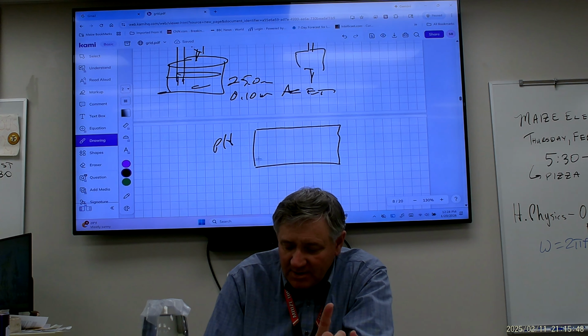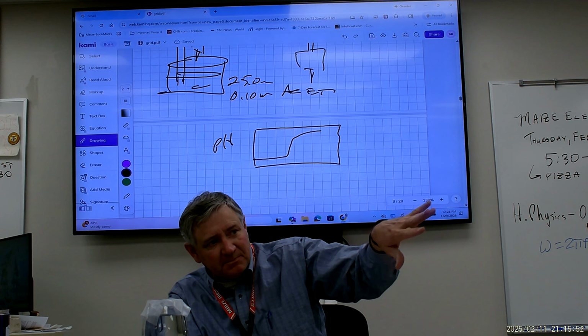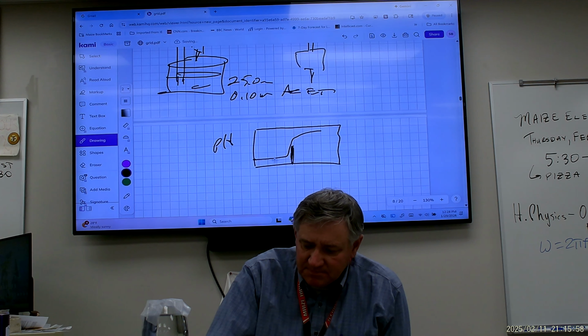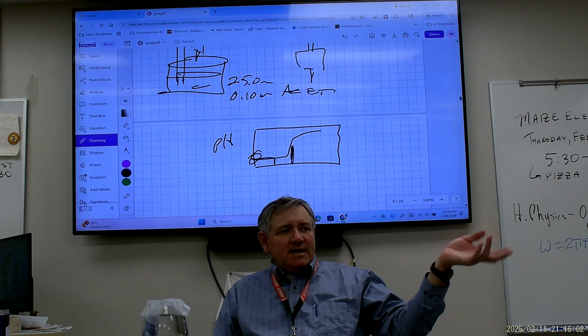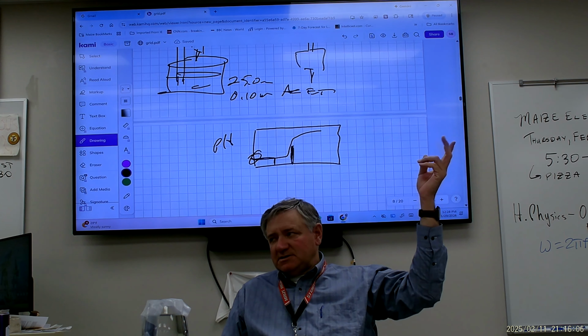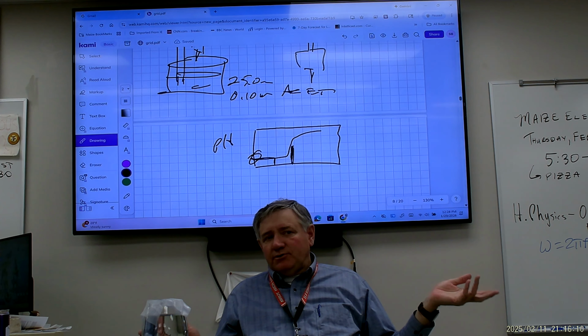You're going to have the curve, and there is a supplemental set of questions. You're going to find the equivalence point, find half the equivalence point, find the pH, and find the pKa. But you only need to do that one time, because the other two are going to be buffered solutions, so it won't work anyway. You can't do it if you try.